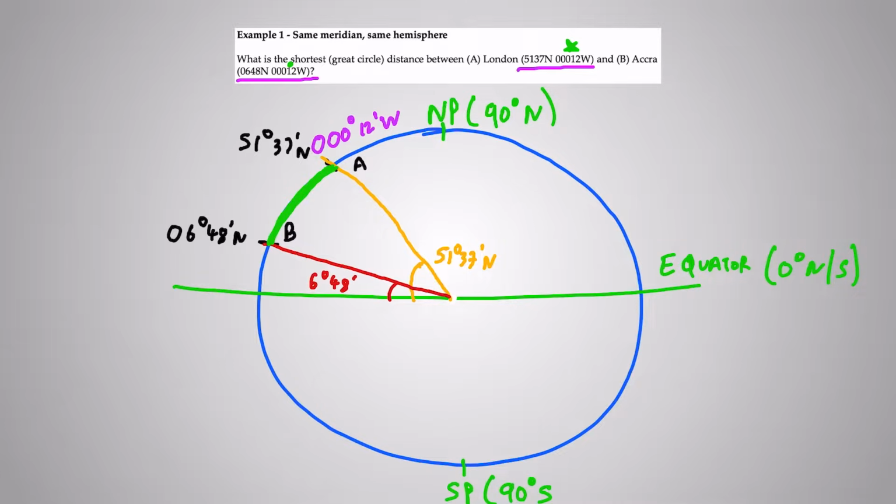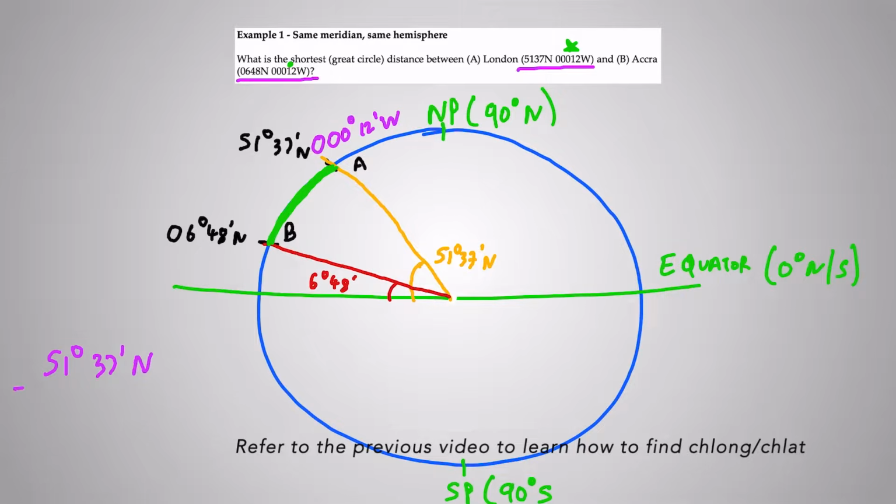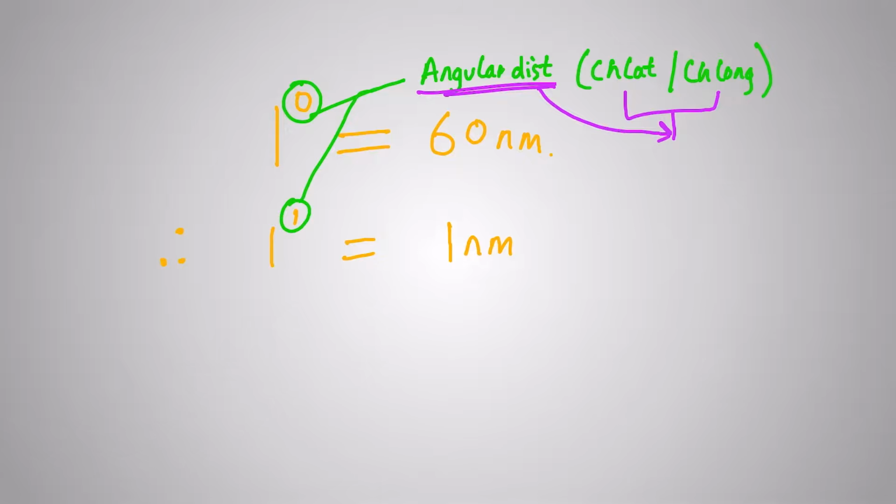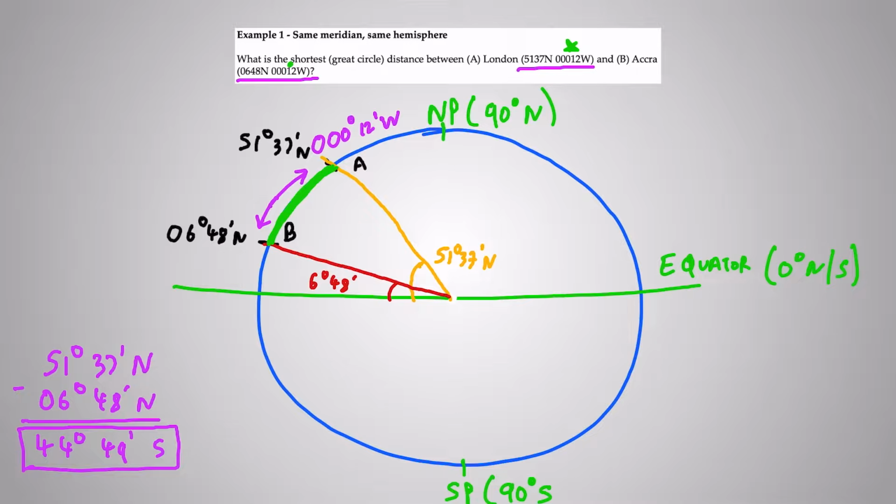Now to find this, I want to find the change in latitude. So the change in latitude between these 2 points will be, now we have this change in latitude. To convert this to distance, I'll just use these. Over here it is 44 degrees 49 minutes. I saw 1 degree equals 60 nautical miles.